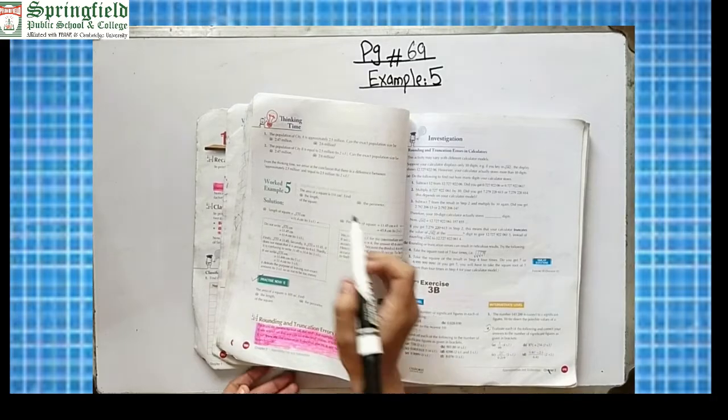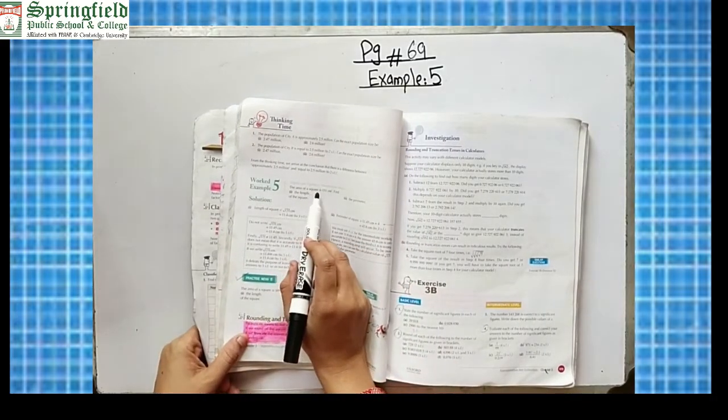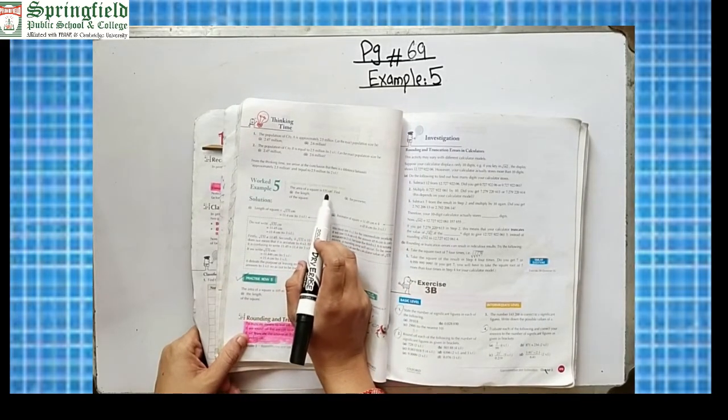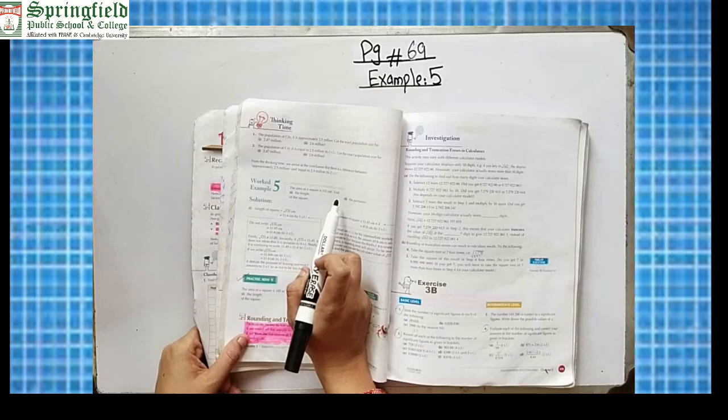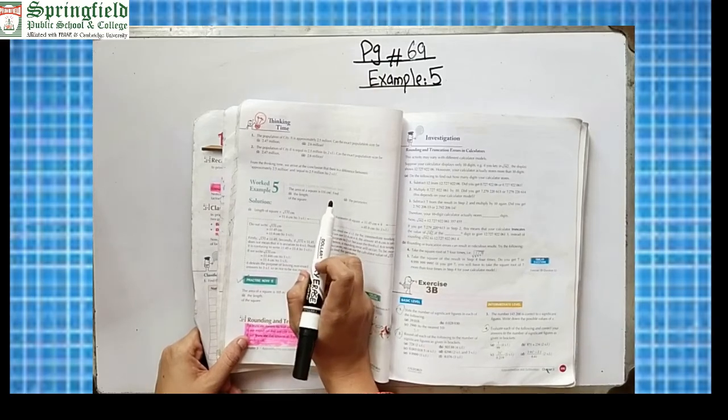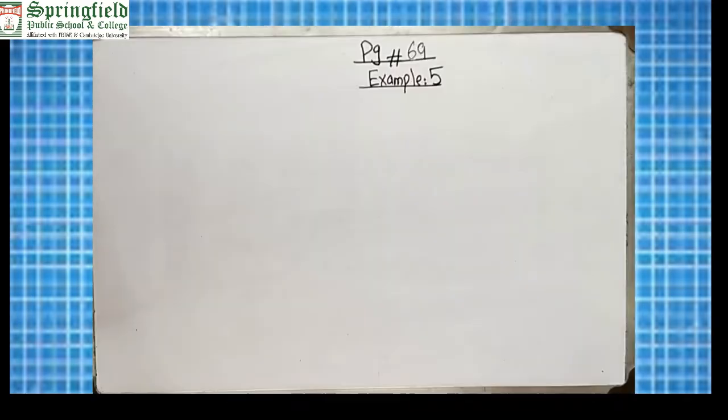Okay, example 5: the area of the square is 131 centimeters square. In the first part they are asking about the length of the square, and in the second part they are asking about the perimeter, that is, how we can find the length and perimeter.